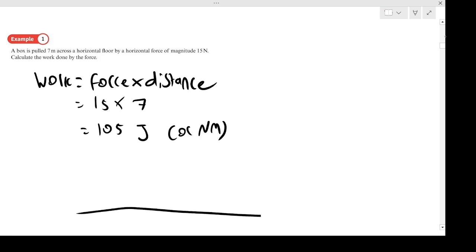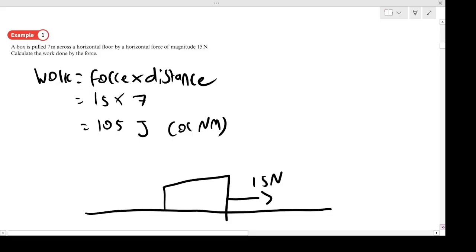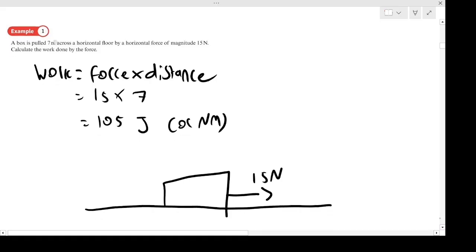So we've got a floor like this, that's a horizontal floor. We have a box, and it's being pulled by a force of 15, like this. And then the distance is 7 meters. It might be quite simple, but that is the diagram there.